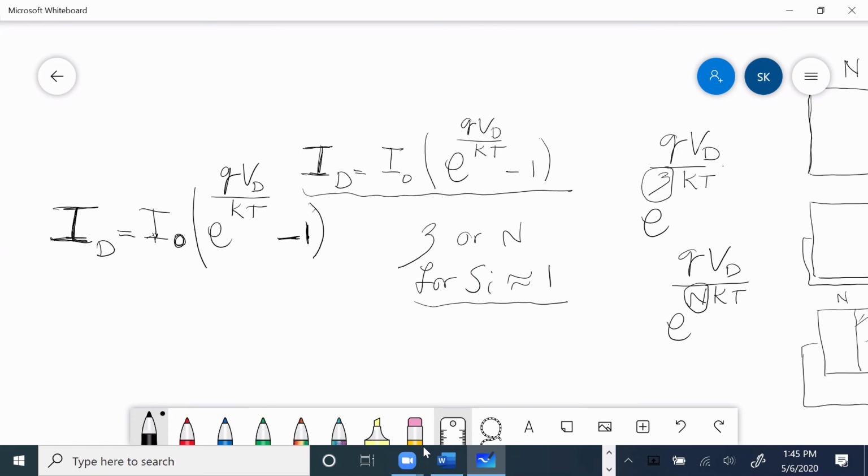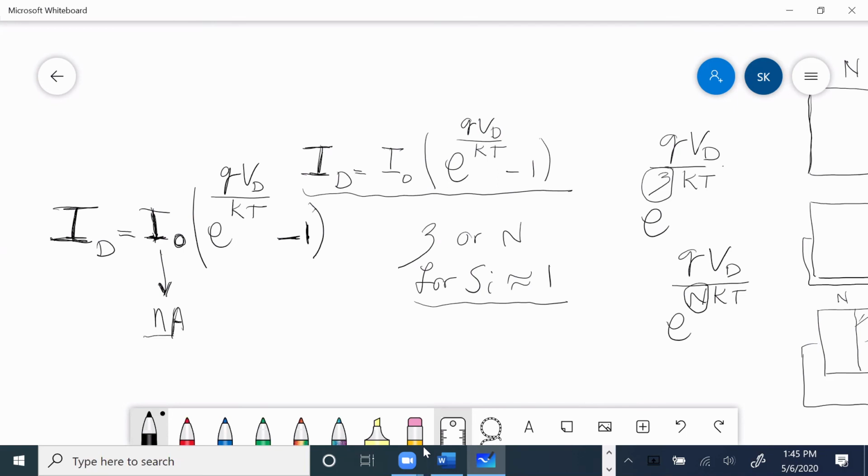Since I0 is a very, very small constant value, this I0 is in the order of nanoampere. And for a specific diode it is a constant value. It does not change much, although it's very marginally temperature dependent.